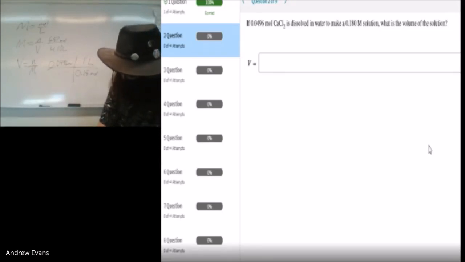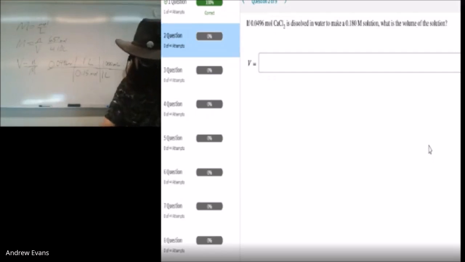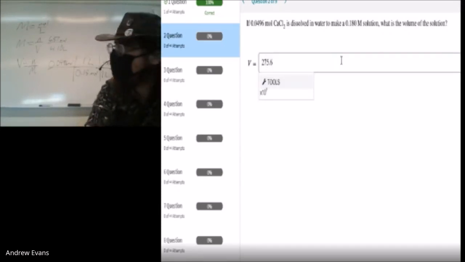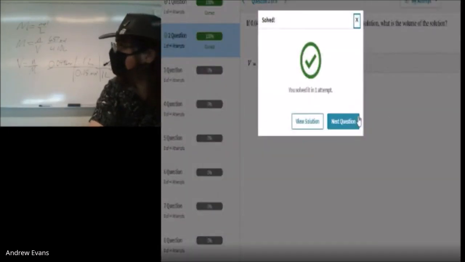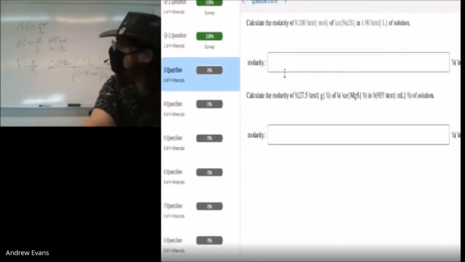The last step you would have to take is to convert into milliliters, which, remember, in 1 liter there is 1,000 milliliters. So times by 1,000, thus giving us 275.6, we'll say 276 milliliters. So that's just rearranging. These first two should not be a problem.